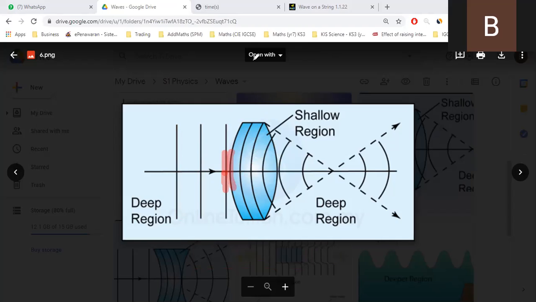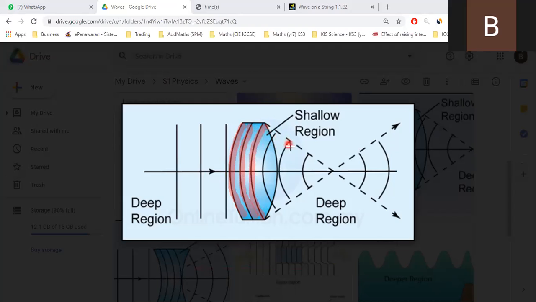That's why you get a curve, because the middle part starts to slow down first, right? And you get another curve, another curve. You can see also the wavelength is shorter inside here. And what happens as it exits?